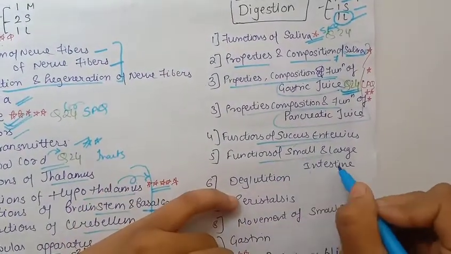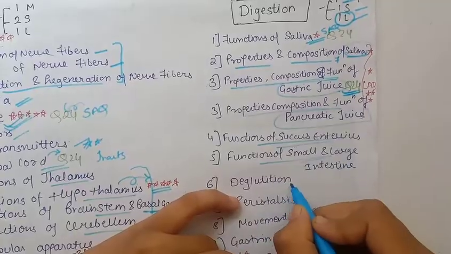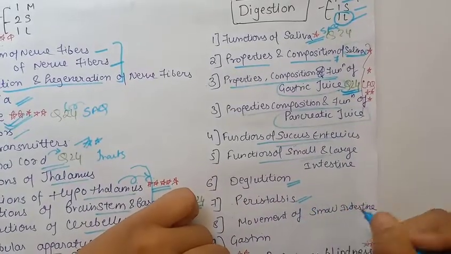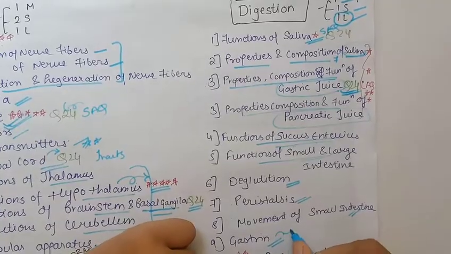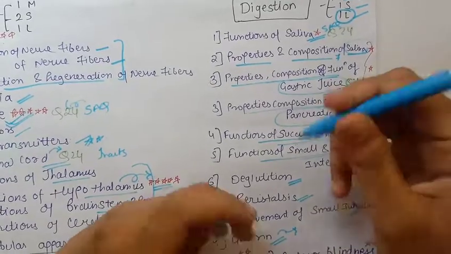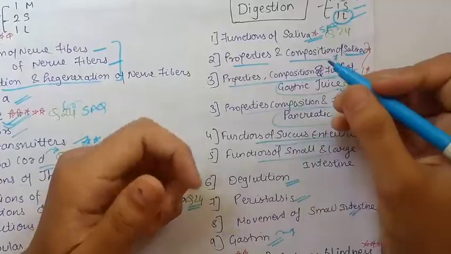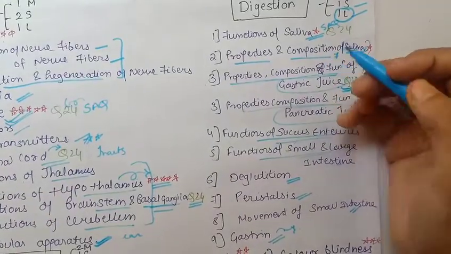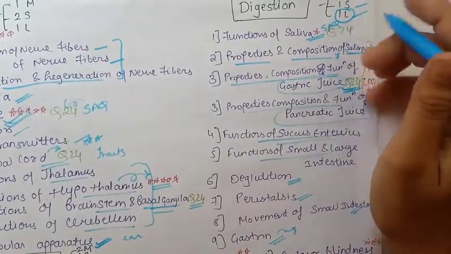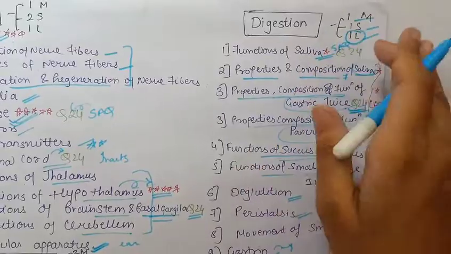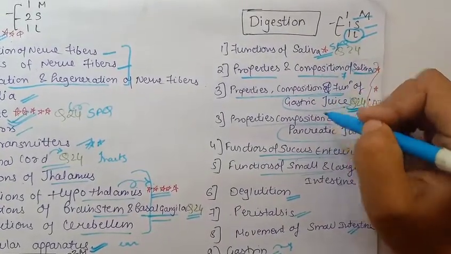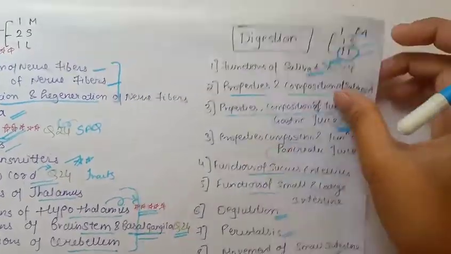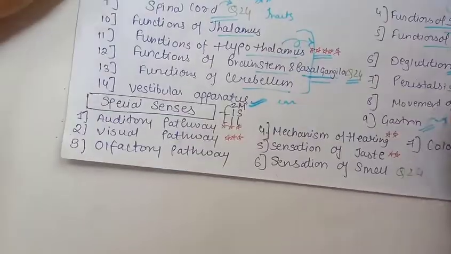Then function of small intestine and large intestine. Then deglutition, peristalsis, movement of small intestine, and gastrin is a hormone helpful for digestion. So these are the important questions from digestion, and one LAQ will definitely be present from these three questions only.